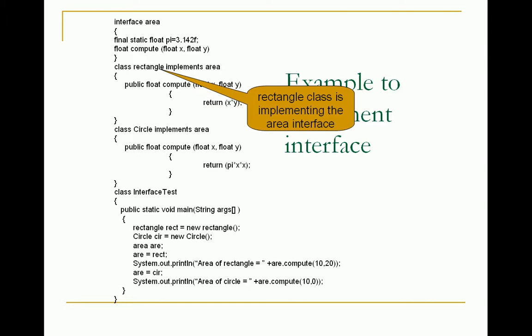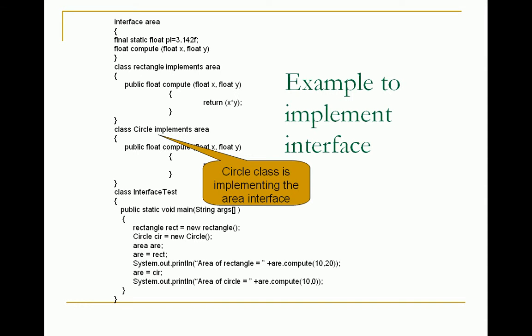This class rectangle implements the interface area, and in this rectangle we have written the method compute, which has been declared through the area interface. And next we have a class circle, which is also implementing the area, and it also implements the method compute.